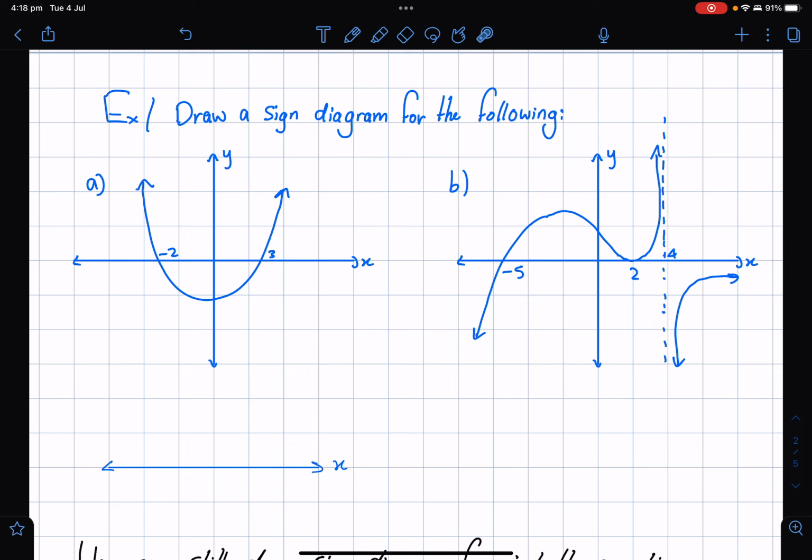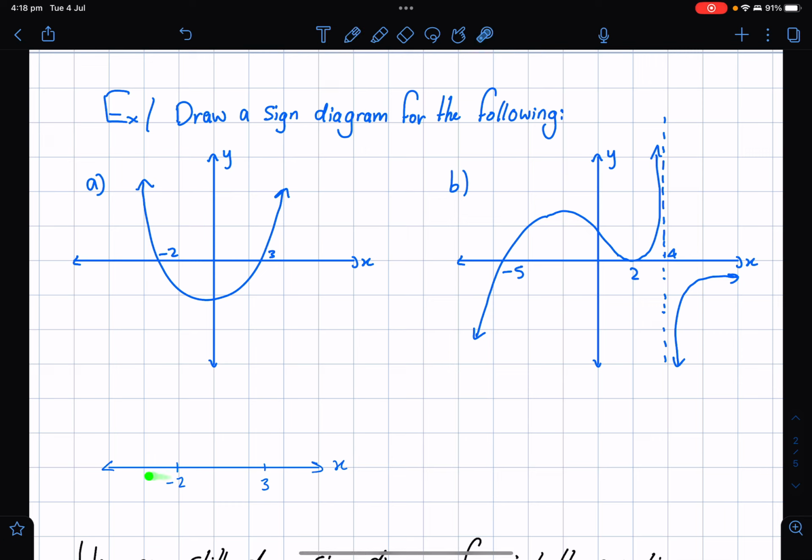The next thing we have to do is identify any cutting X points, touching X points, or X asymptotes. So I've got a cut at -2 and a cut at 3. Make sure you're not choosing a maximum or a minimum, only where it cuts the x-axis. So I've got one at -2 and I've got one at 3.